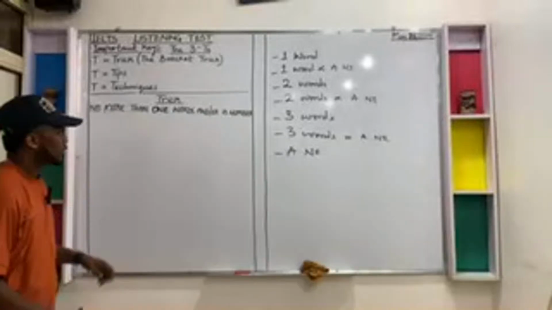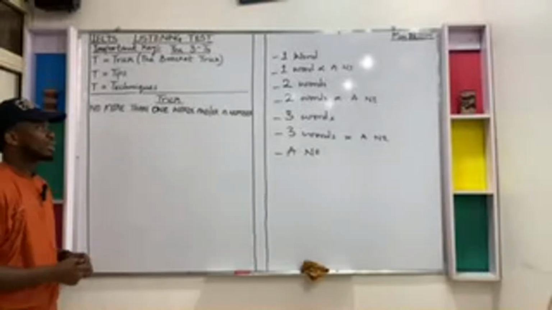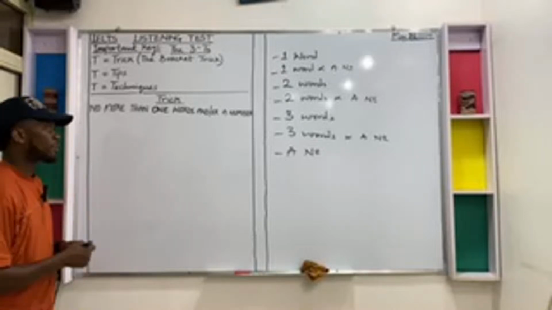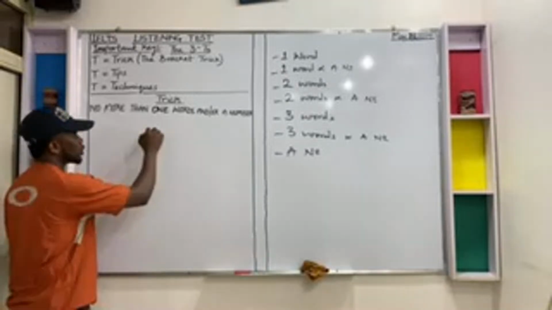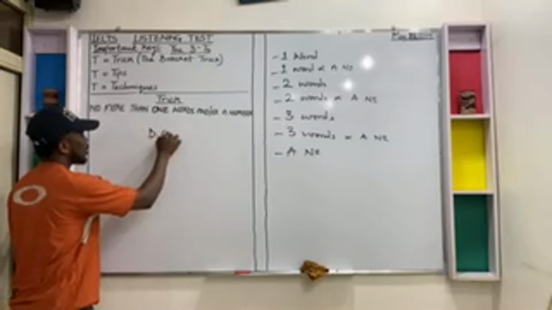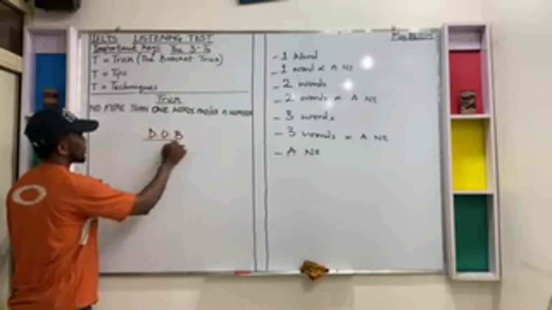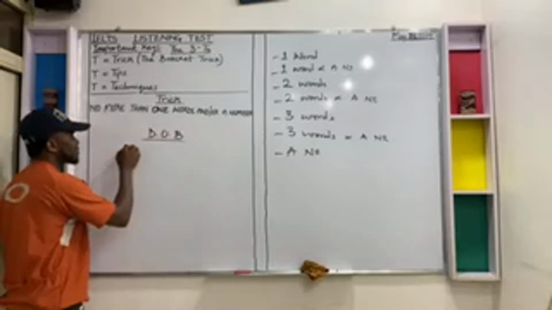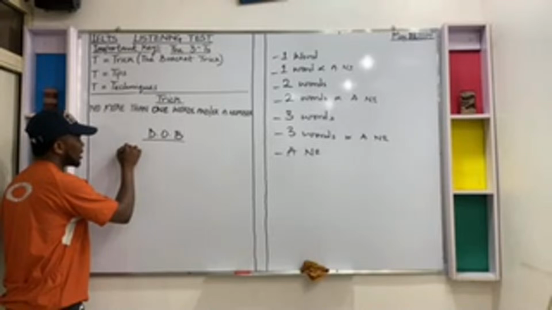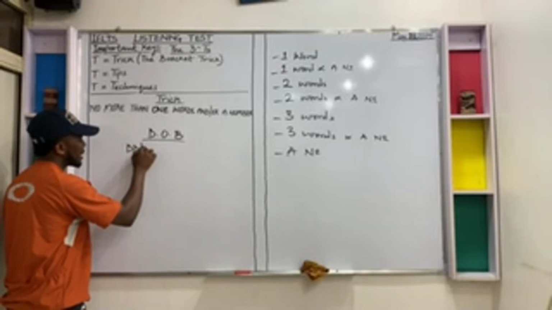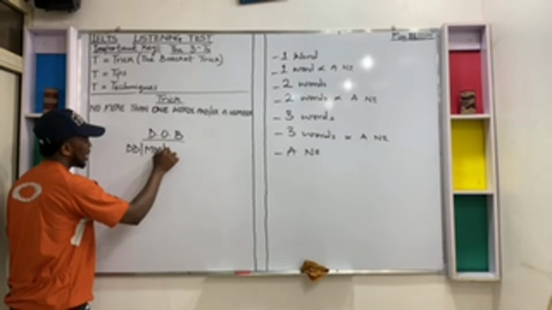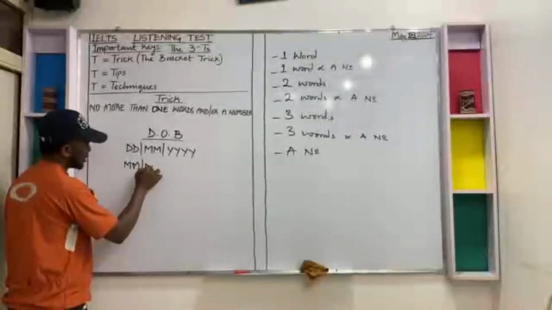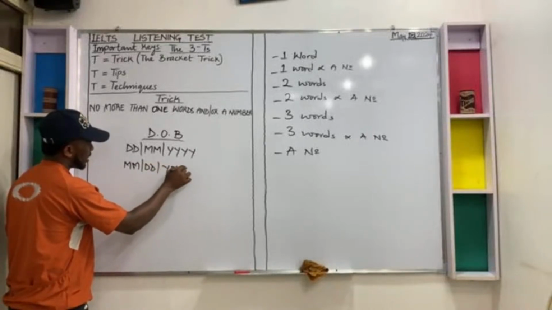Okay. So when you are taking the listening test, a couple of questions may be talking about dates of birth. Now officially or formally, how do we express date of birth? You might see some date of birth. The template would require DD, MM, YYYY.